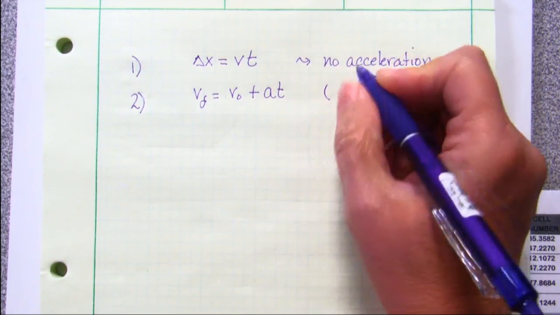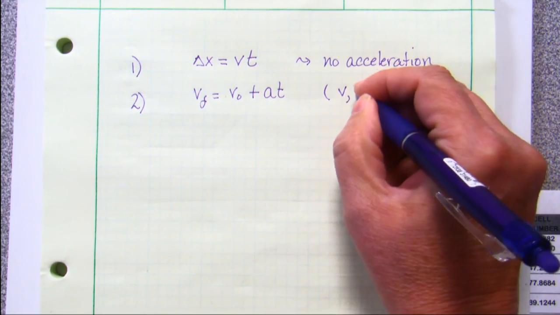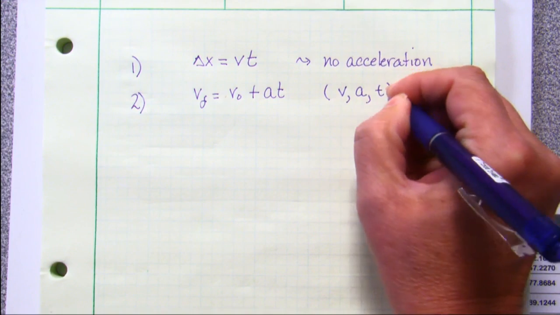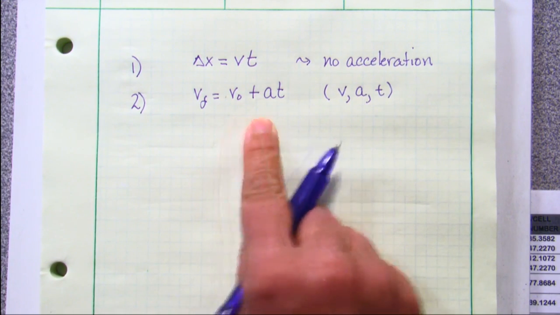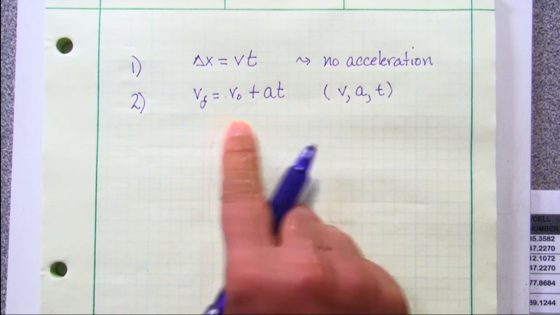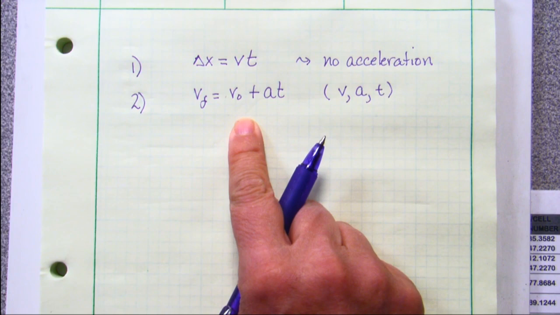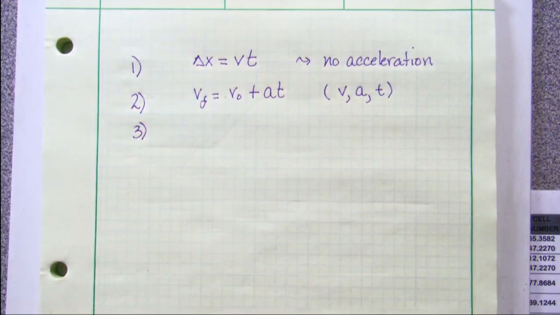This has got variables of the velocity, acceleration, and time. Notice there's no position in this equation. Okay? No position in this equation. I can play with it, and your book will show it, or if anybody really wants to see it, I can show you.